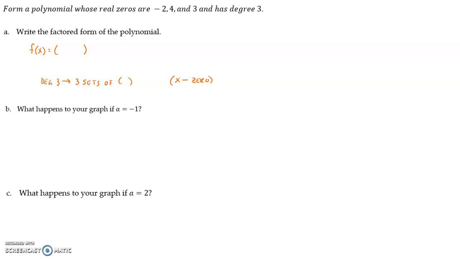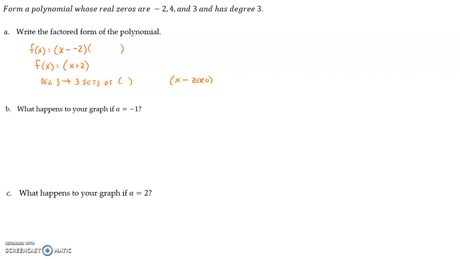So let's go ahead and take a look at this first one. We have a 0 of -2, so we've got x minus a -2. And we can go ahead and rewrite this. We can clean up our signs. X plus 2.